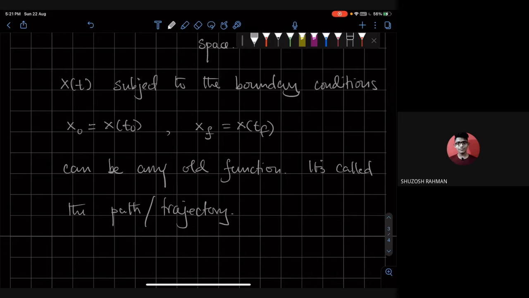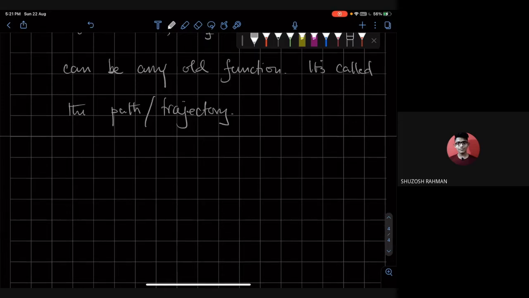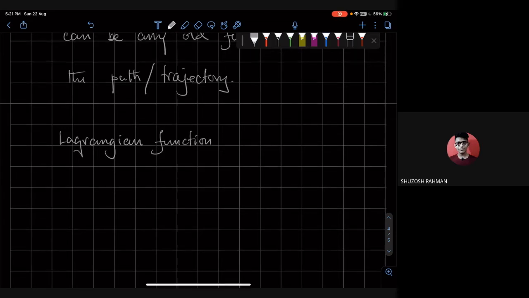So then we are going to define a function called the Lagrangian function. So the Lagrangian function is L, and it's a function of x, which is, of course, a function of t. It's also a function of x dot of t. We restrict to this form of Lagrangian because we are doing physics.